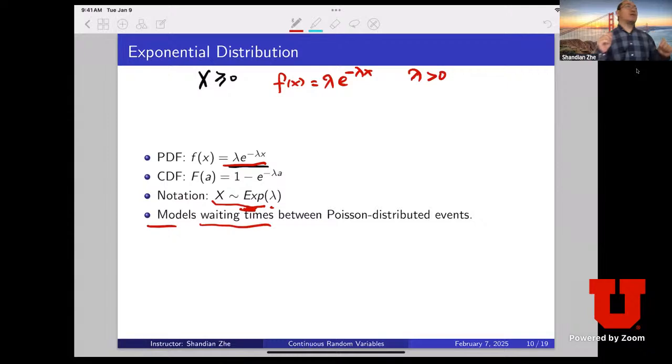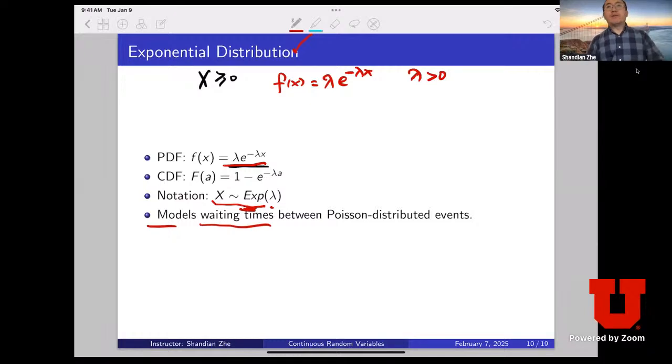Then the interesting thing is that if that really follows a Poisson distribution, then the inter-arrival time between two vehicles, say you see one BMW passing, and then after 5 minutes, you see a Jeep, will follow this exponential distribution.